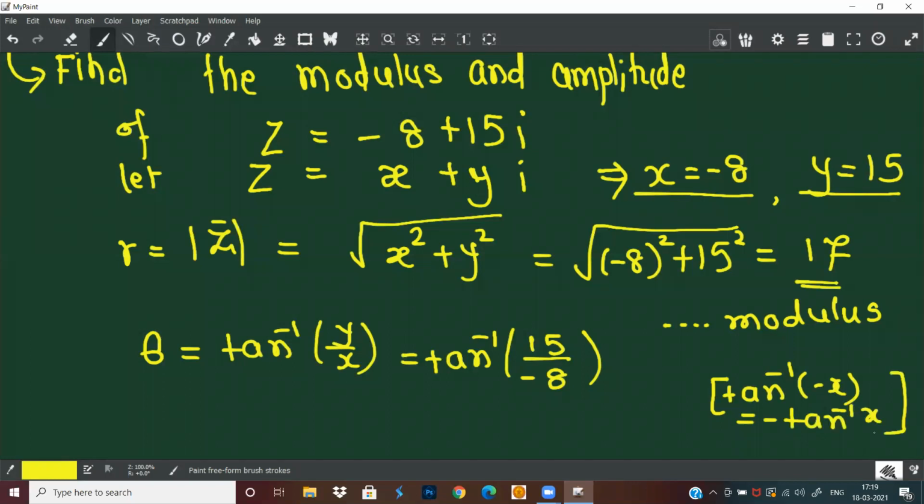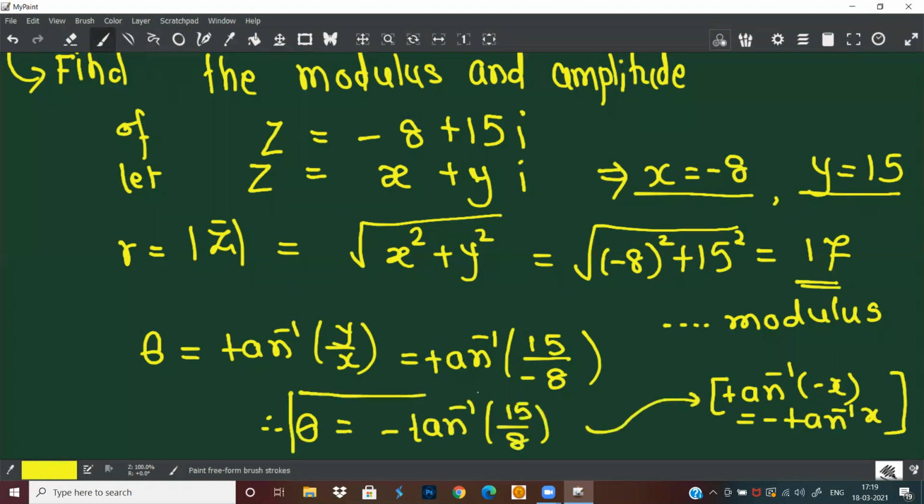You must have learned inverse. Modulus is r, and amplitude is theta. So tan inverse of -15 by 8, you can write theta as minus tan inverse of 15 by 8, using this rule of inverse. Here comes my amplitude.